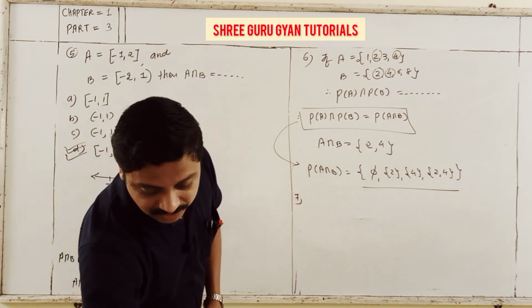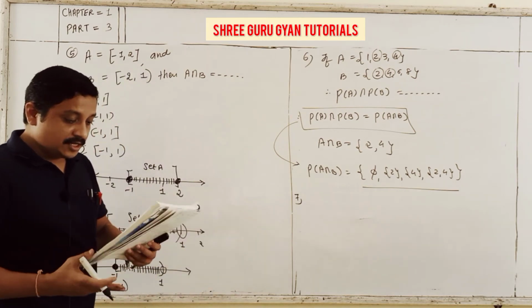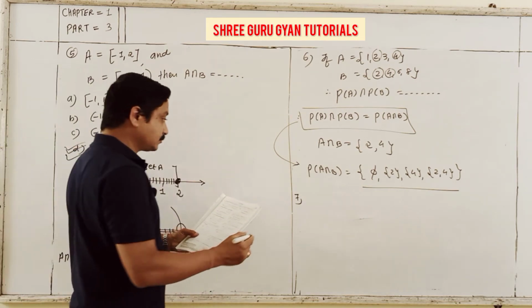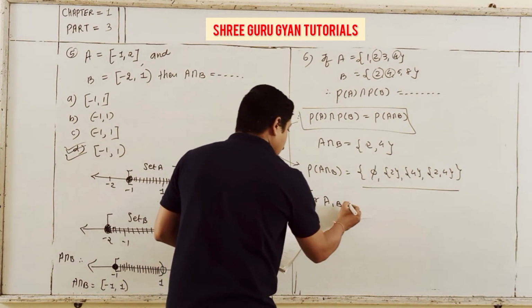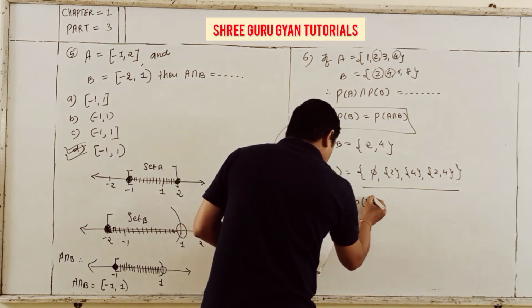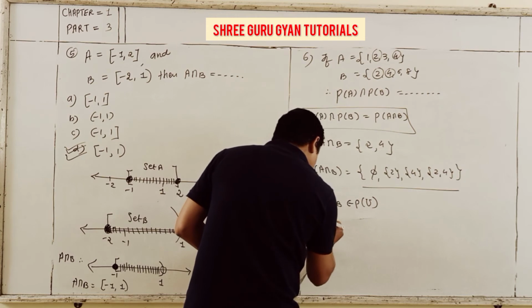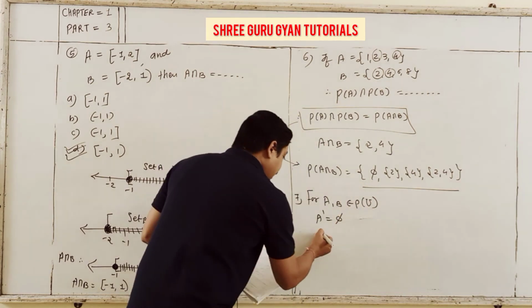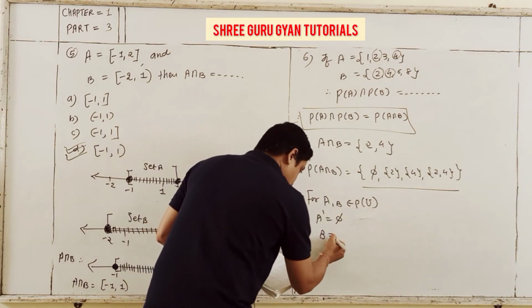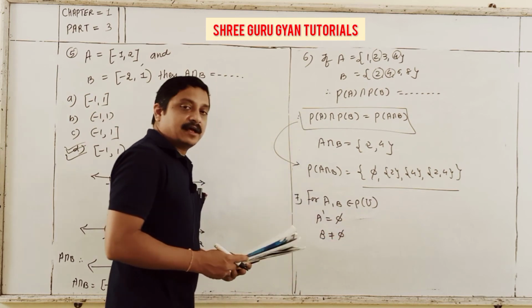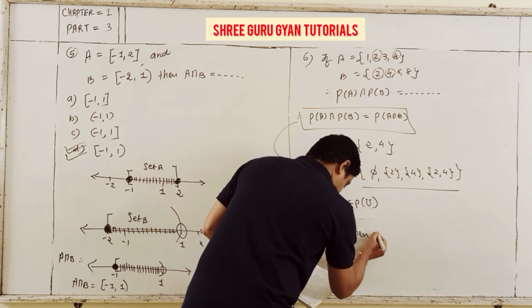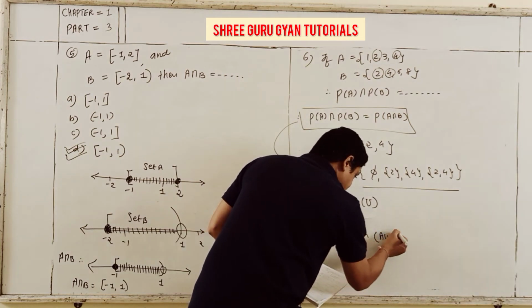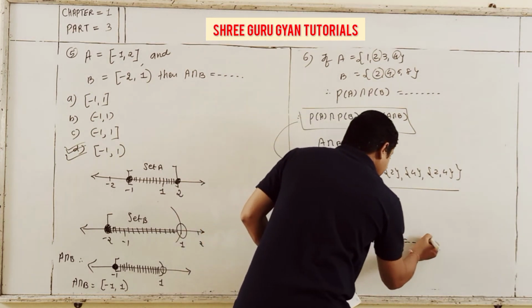Next, moving towards the 7th question. 7th also, beta, very interesting. For A and B belonging to P of U, and A dash is the null set, and also B is... yes beta, then A union B whole dash is dash dash dash.